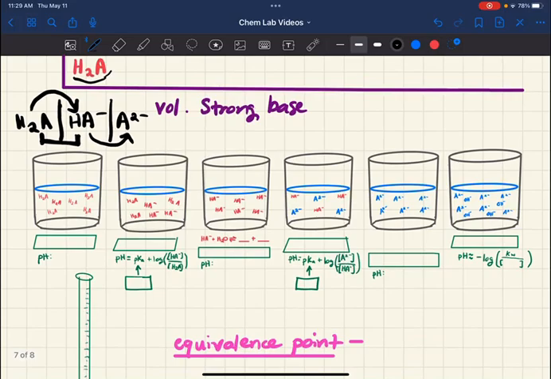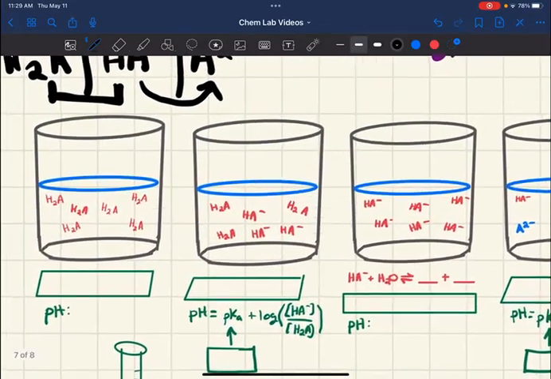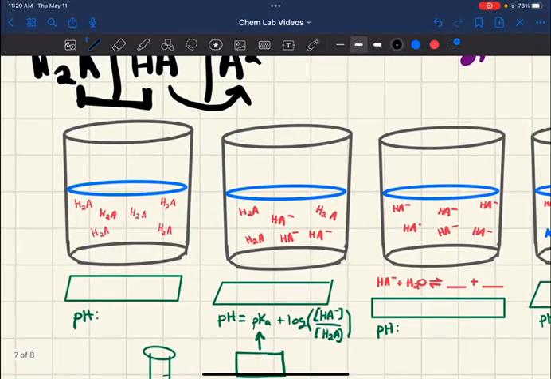All right, I'm going to go through more of a visual model to explain what's happening at each point. So remember initially in our titration, we had just H2A in solution, and I'm going to call this initial.